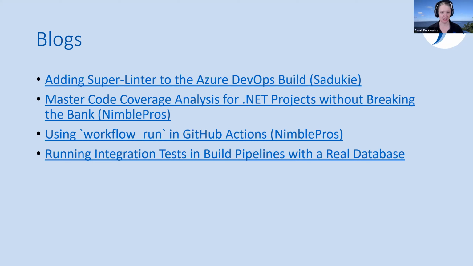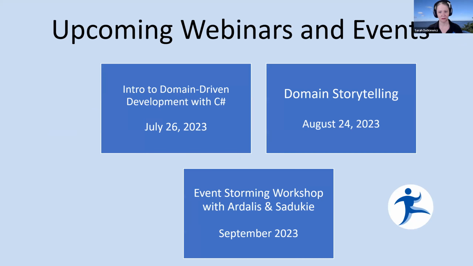So you'll be able to see that afterwards. But we have blog posts. You can see some from myself, some I've written for work. The running integration tests in the build pipelines, that's from our Dallas as well. The slides will be in as part of the recording, what it can capture from there.